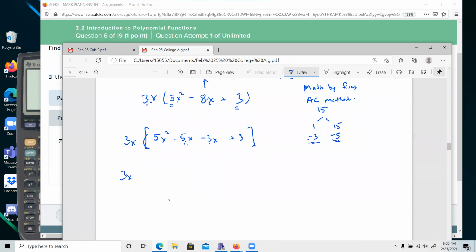So we have 3x, and notice there's a 5 common in both of these, and an x common in both of these. So we're going to have x minus 1 here. And then I'm going to pull out a negative 3, and that's going to change that sign and change this sign.